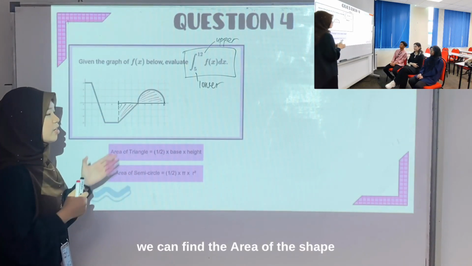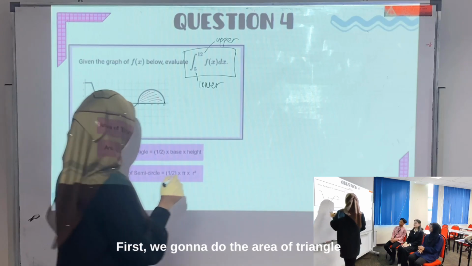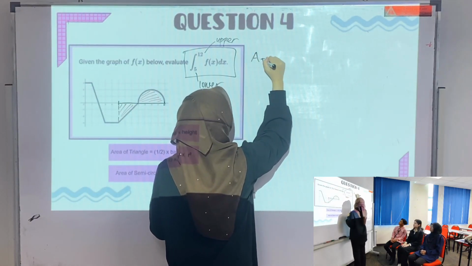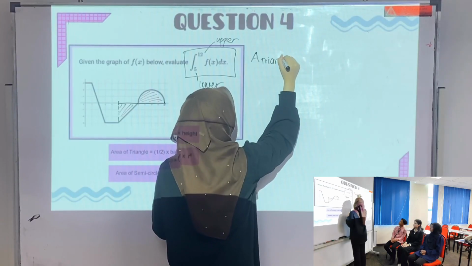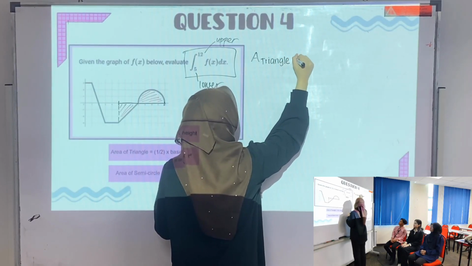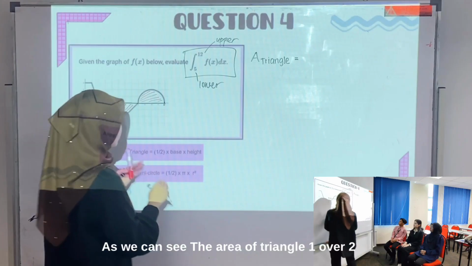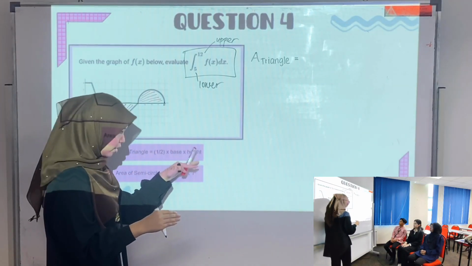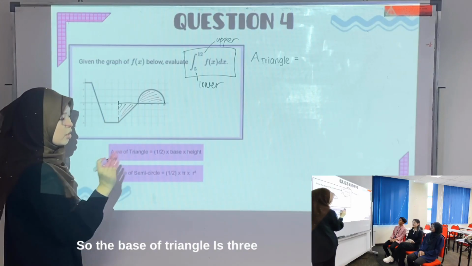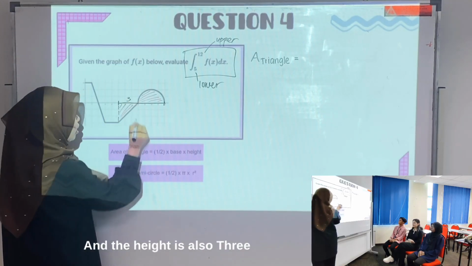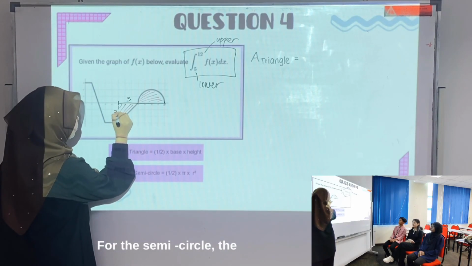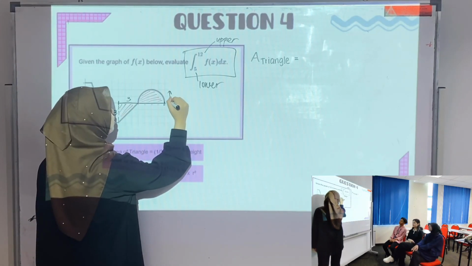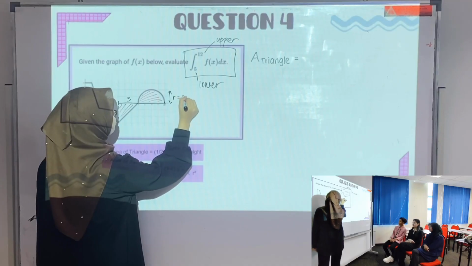Next, we can find the area of the shape. First, we're going to do the area of triangle. As we can see, the area of triangle is 1 over 2 times base and times height. So the base of triangle is 3 and the height is also 3. For the semicircle, the radius is 2.